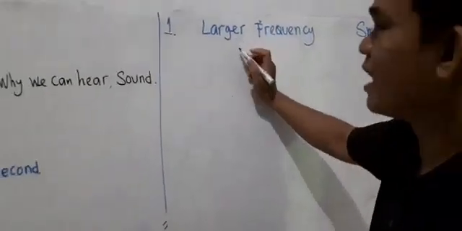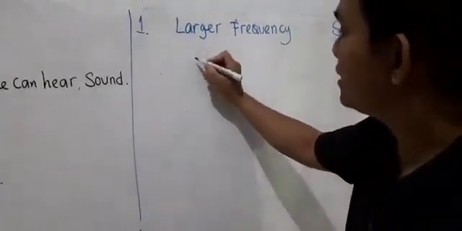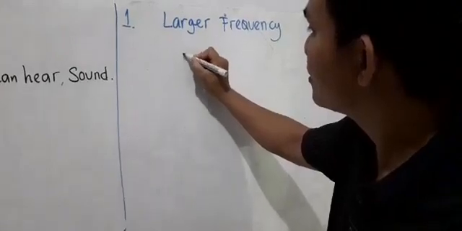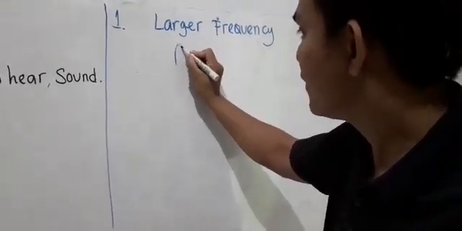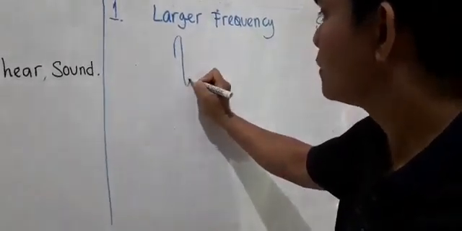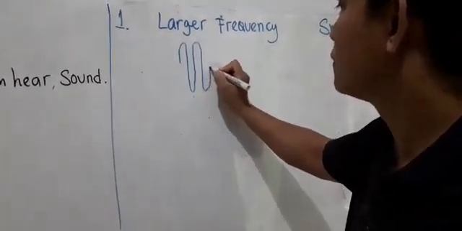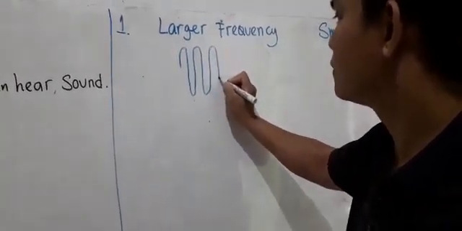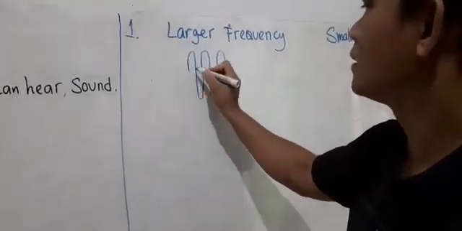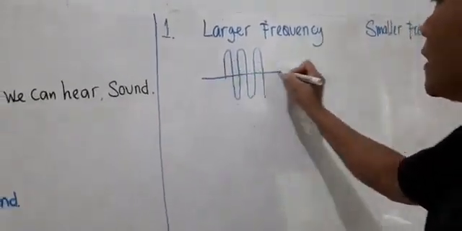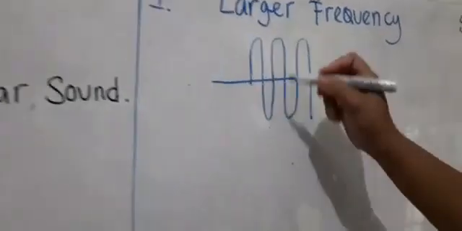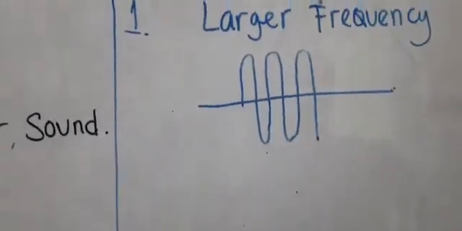The larger frequency has very small space. Okay, it is the characteristic of the larger frequency.